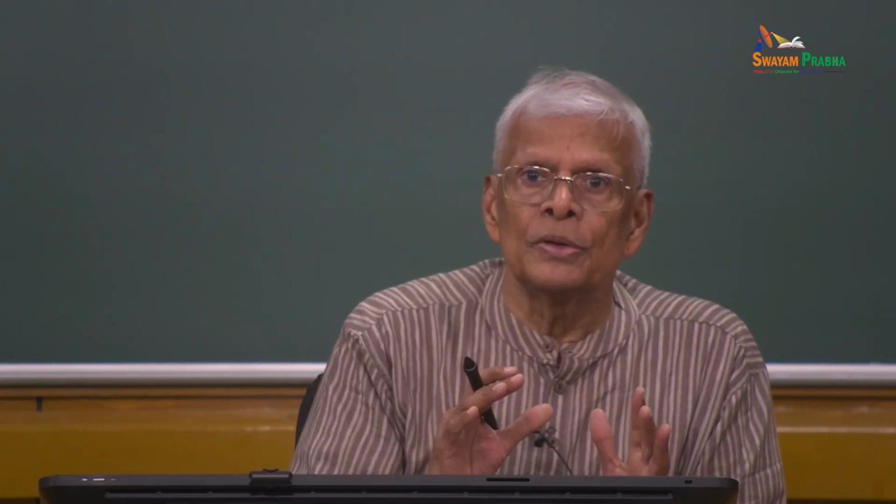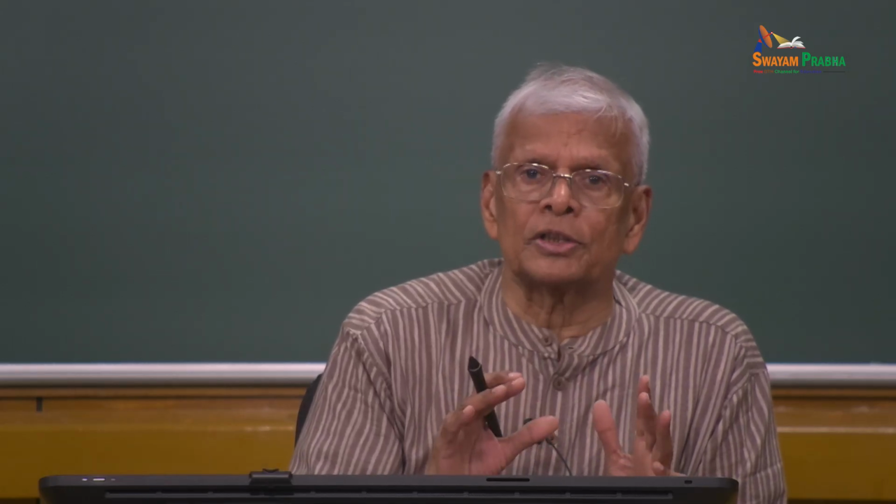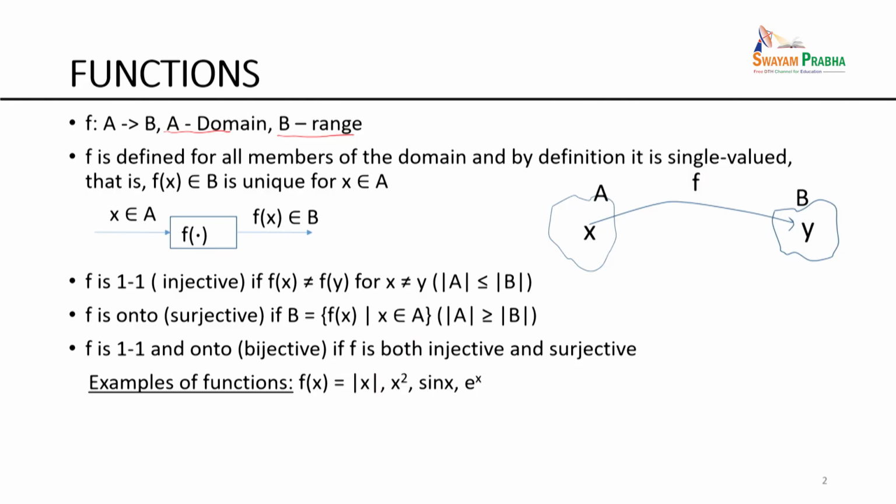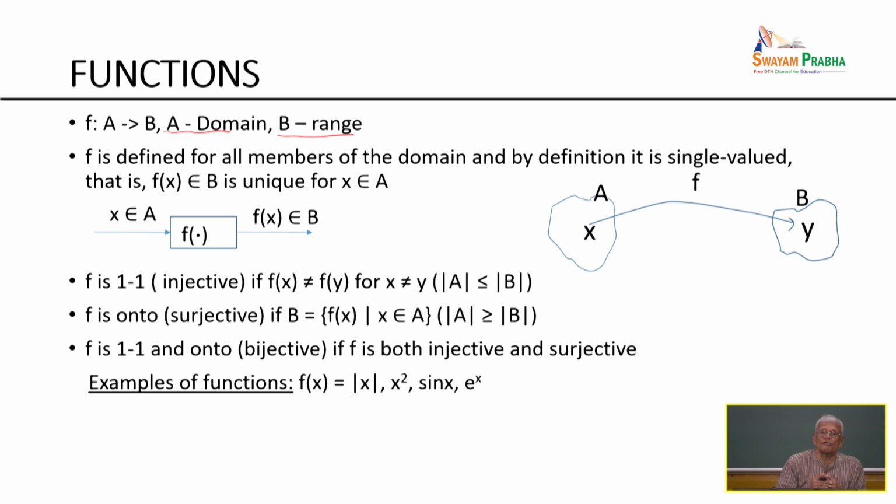But there are few conditions for something to be called a function. For f to be a function from A to B, f has to assign values to every member of the domain. That means it cannot leave any member unspecified, the value of the function for any member unspecified.